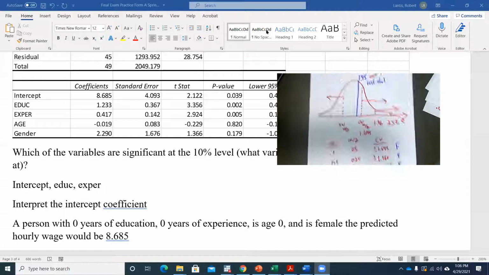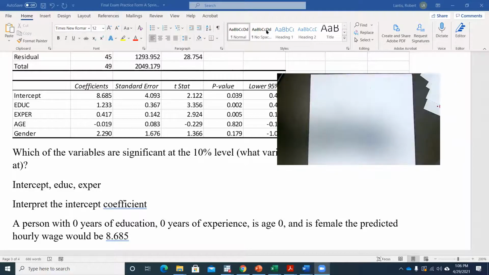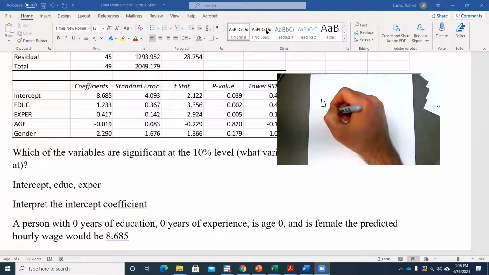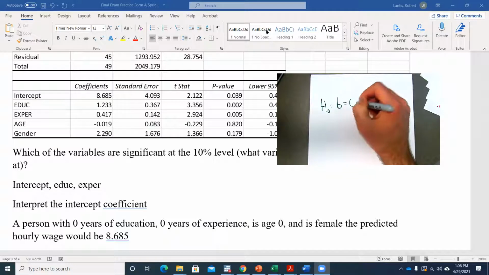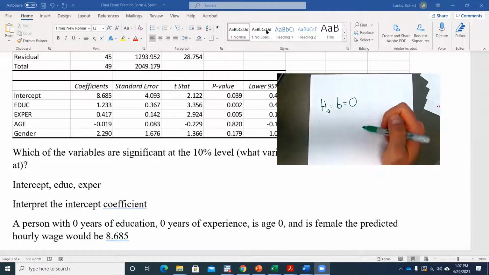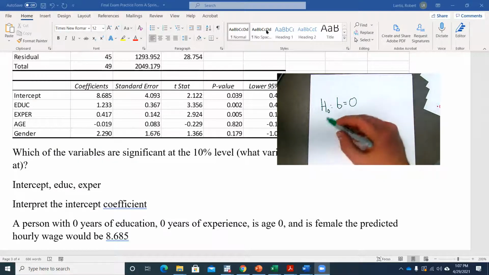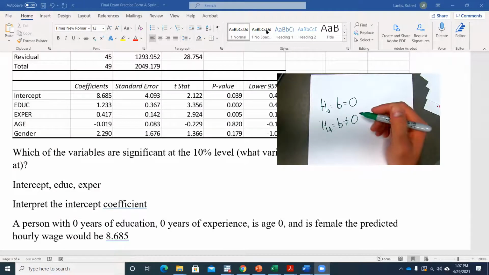What we're really doing with this regression result, every single time, for every slope coefficient, is assuming it's equal to 0. That's our null hypothesis, making the alternative that it's anything other than 0.